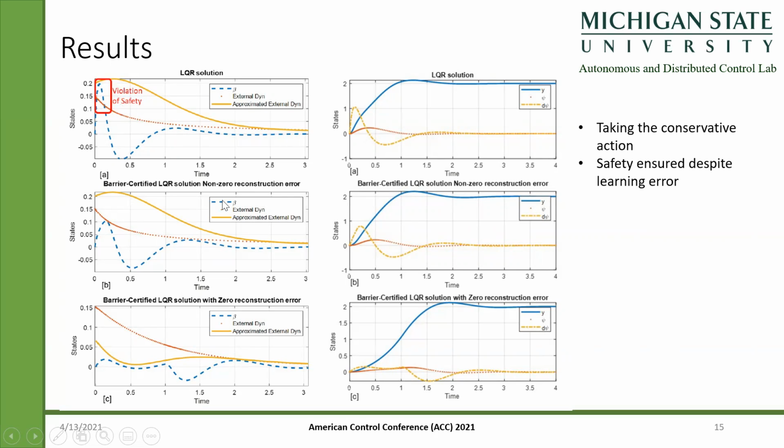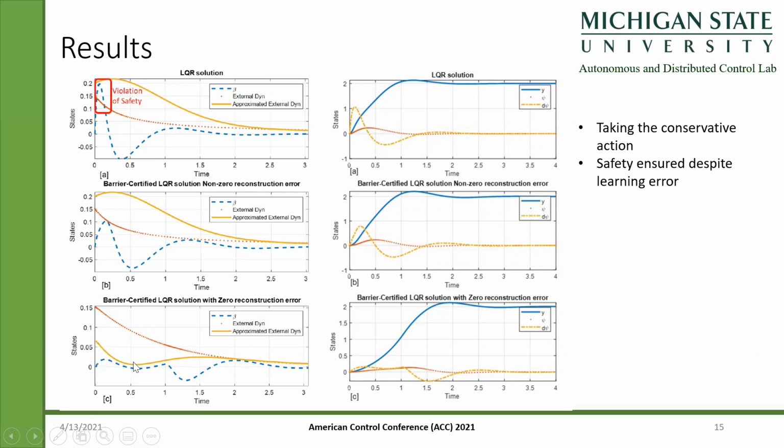Now we examine the barrier certified method with non-zero reconstruction error and with zero reconstruction error. As we see in both cases, beta is kept below the external dynamics and the safety of the system is ensured. Here we have a large error between the dynamics and its approximation, but the safety is ensured, and beta has stayed below the more conservative one.